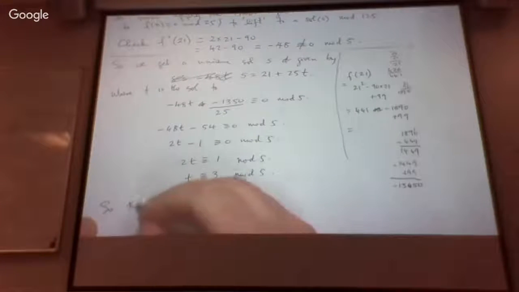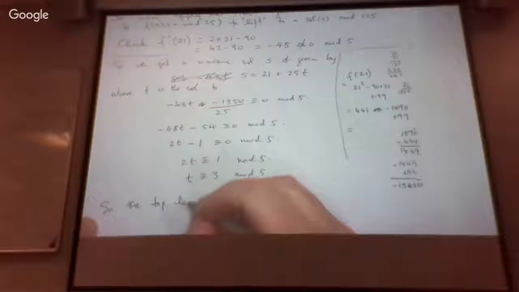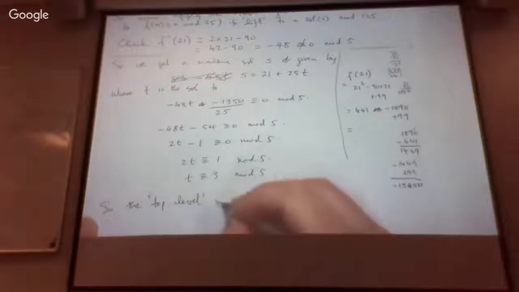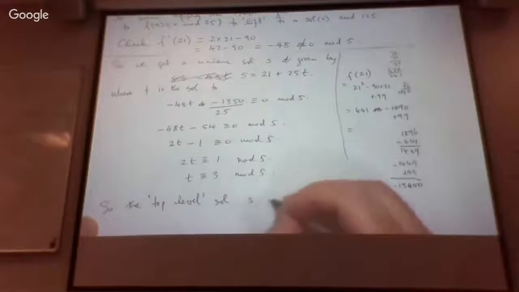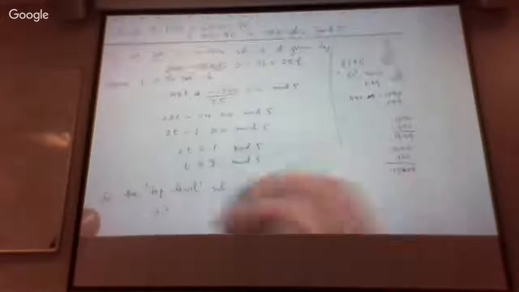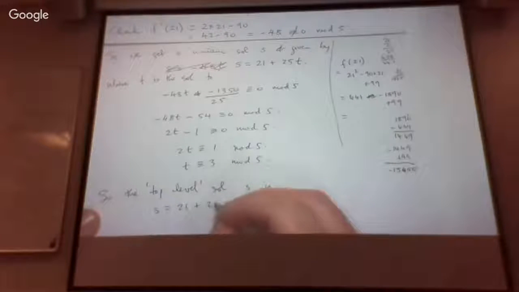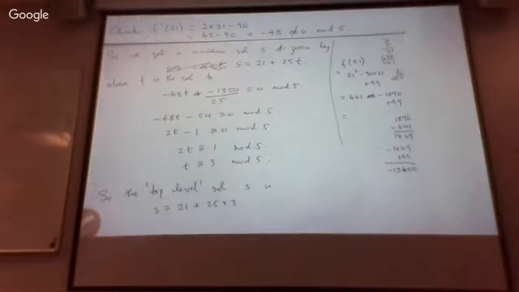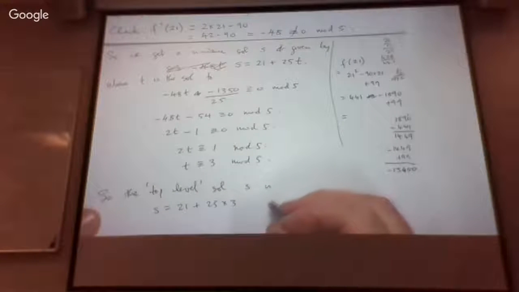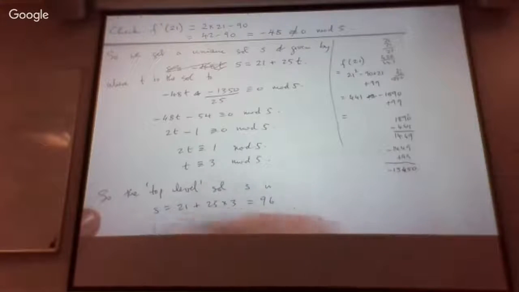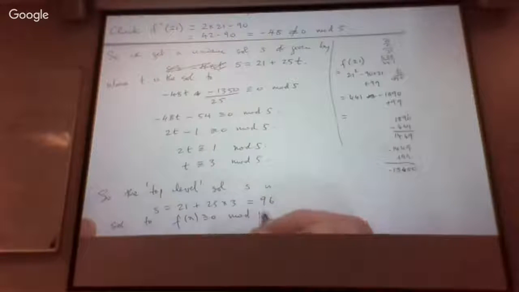So the top level solution S is 21 plus 25 times 3, so 21 plus 75, 96. So this is the solution to f of x congruent to 0 modulo 125.